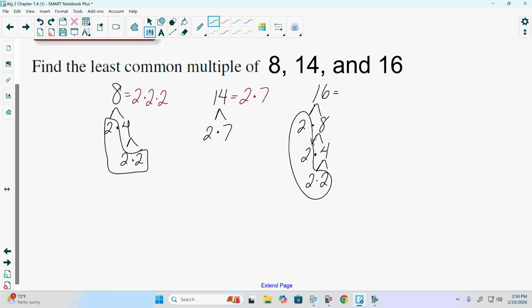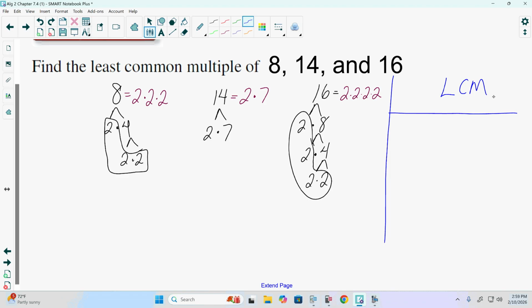How many 2's do we have? So 16 is 2 times 2 times 2 times 2. Questions on this here? I don't know if y'all have seen this way. Probably it's been a minute.